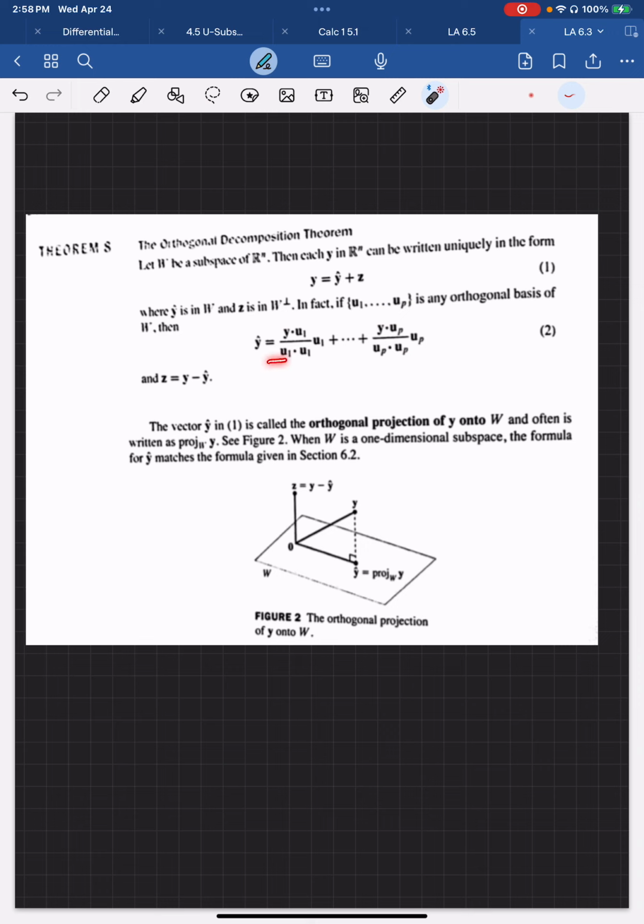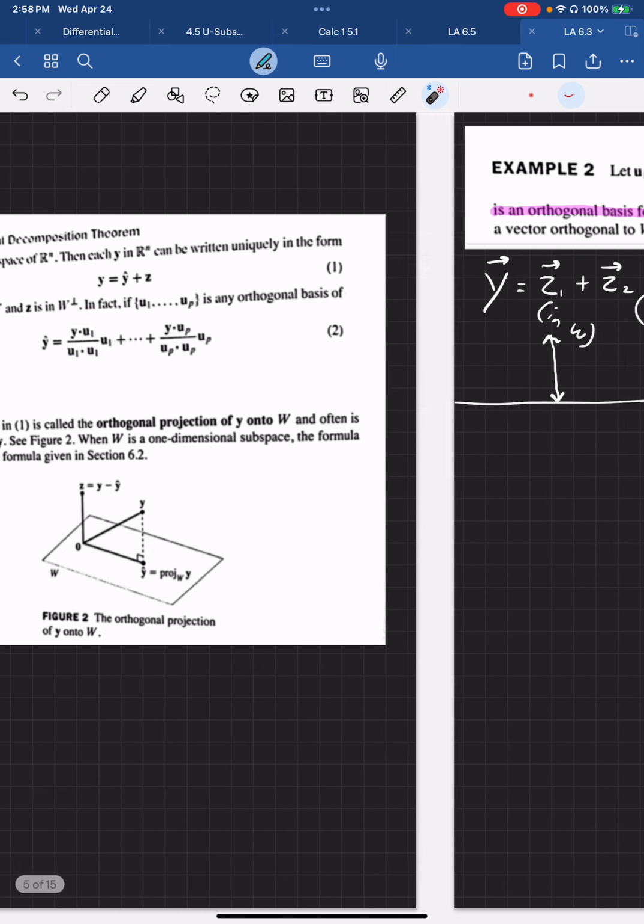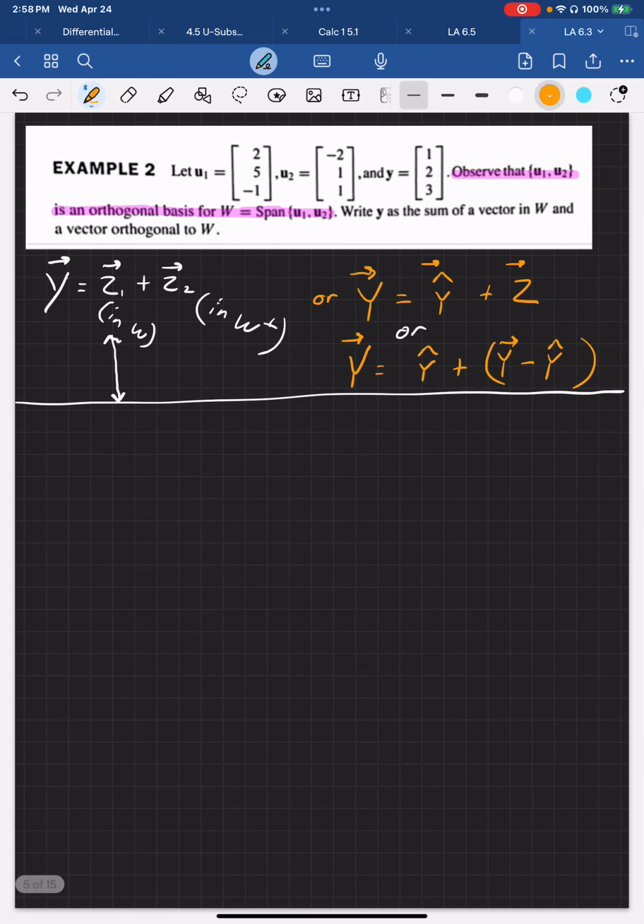It looks like a series of dot products, like just a lot of arithmetic. In fact, it is. It's back to your definitions of orthogonal projections.